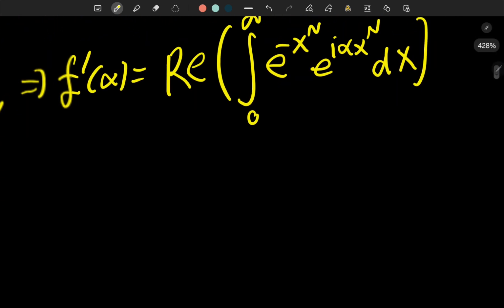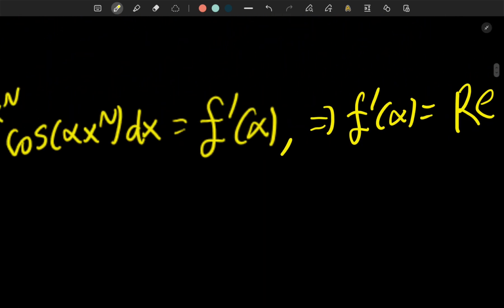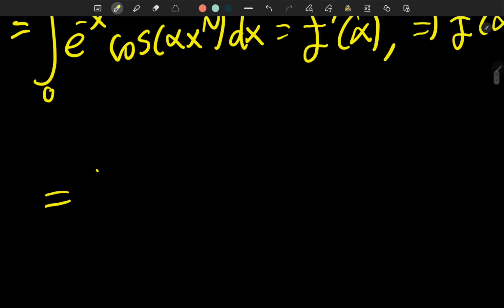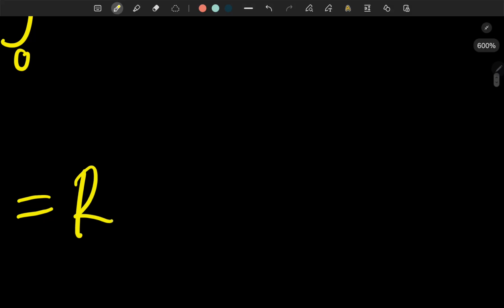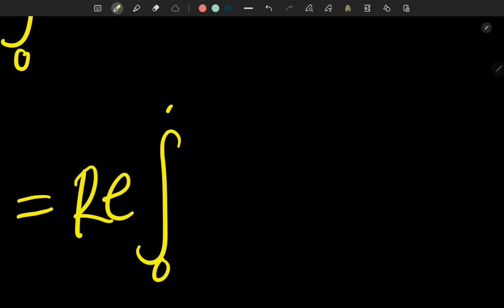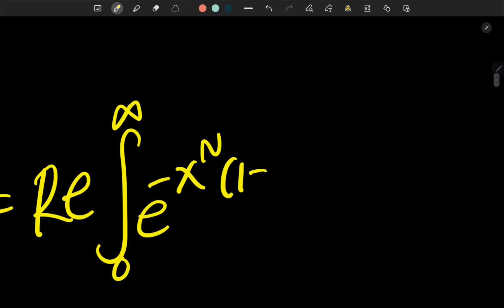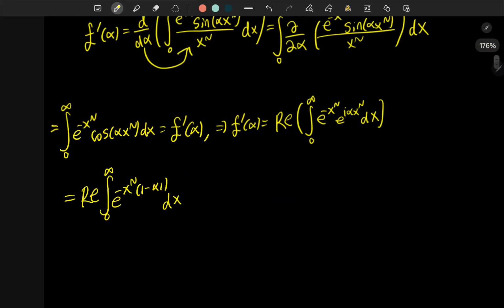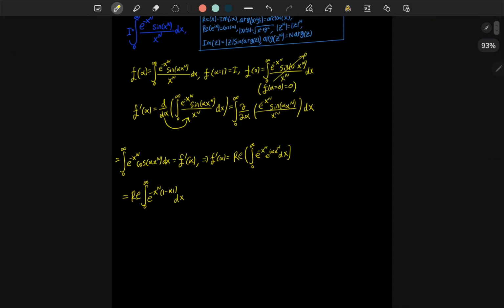All right, so we can go ahead and combine this form. But I would like to factor out negative x to the n. Okay, cool. This is true.